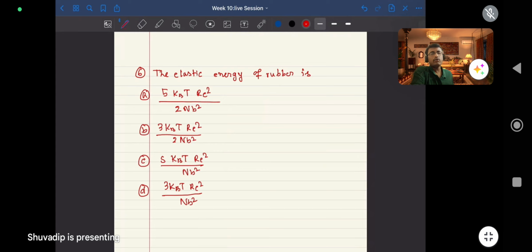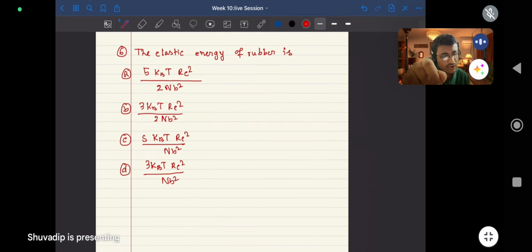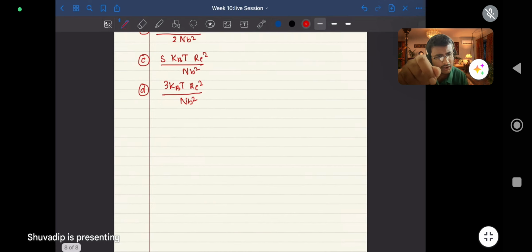Now how to do this? We can use some of the older ideas we have already discussed to solve this. Suppose in 3D, half k r square will be associated with the kinetic energy, and that will be 3 by 2 kBT. From this we can calculate the spring constant, and this r square will be averaged, and that r square average is given approximately by Nb square.